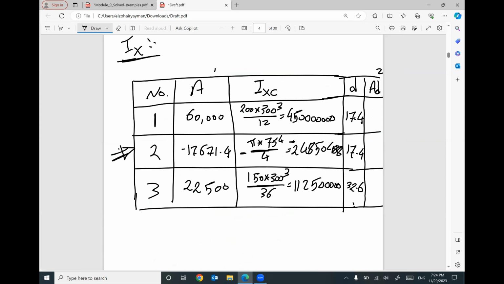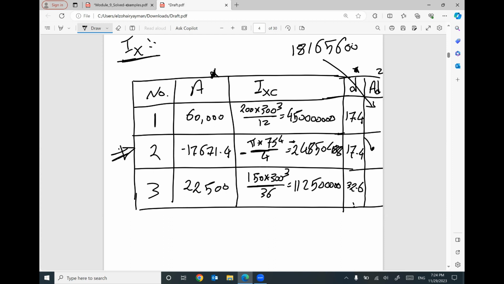Go ahead and multiply this area by this distance squared. So 60,000 times 17.4 squared. I got this value, 18,165,600. This area will be negative: 17,671.4 times 17.4 squared.